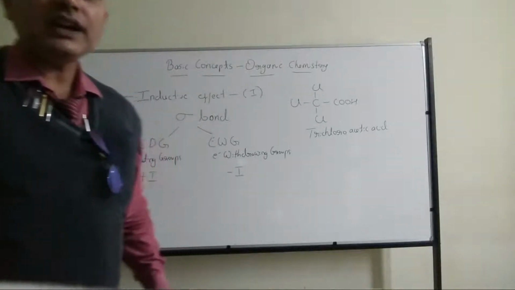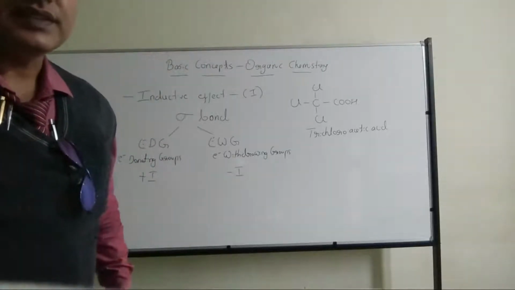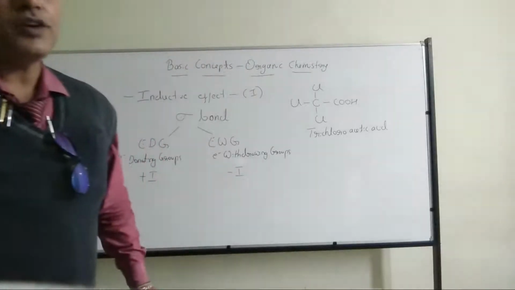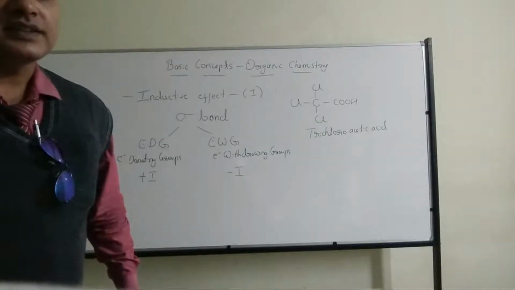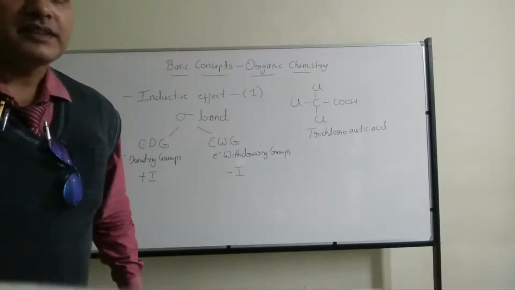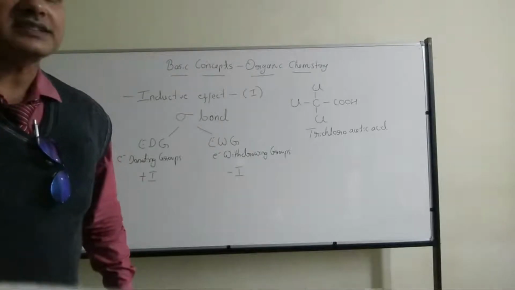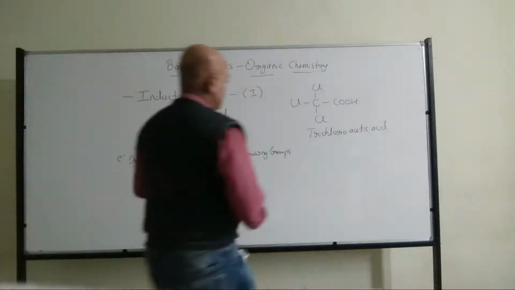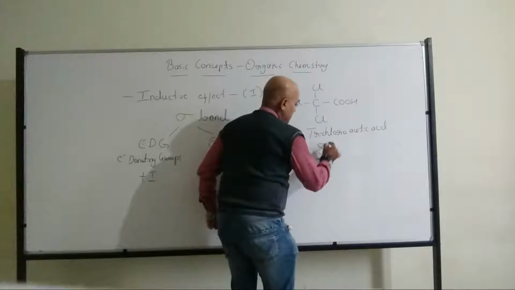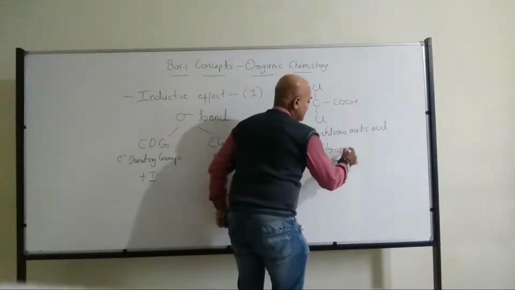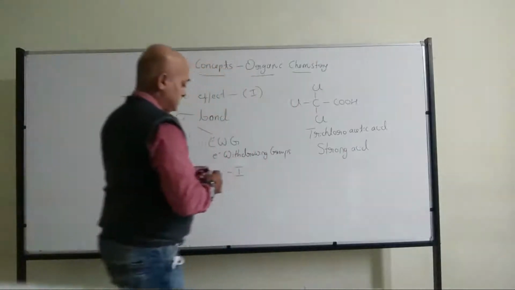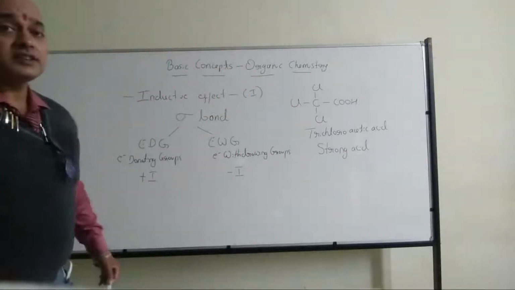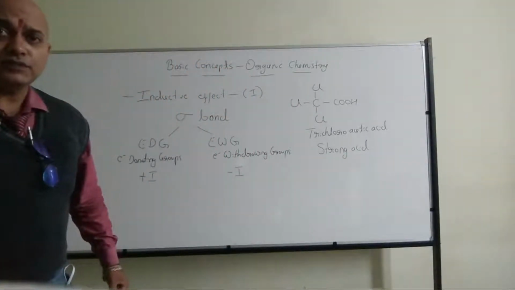Whether it is a strong acid or a weak acid. Anyone? Strong acid. Yes, absolutely correct. It is a strong acid. What is the reason for the strong acid character of this molecule?